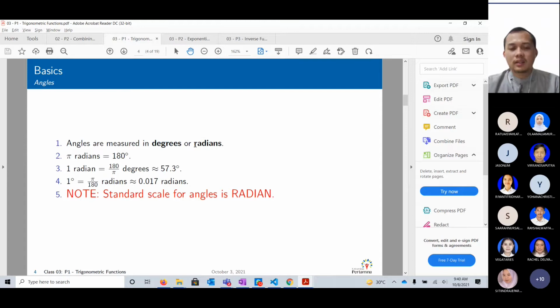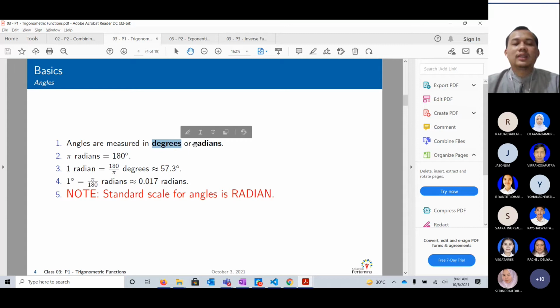That's why in calculus, and also in chemical engineering in your 2nd, 3rd, 4th year, and if you continue your study to master's degree or even a doctoral degree, you will use radians more often than degrees.